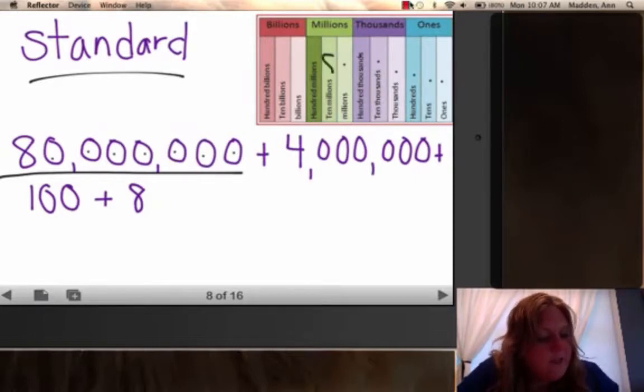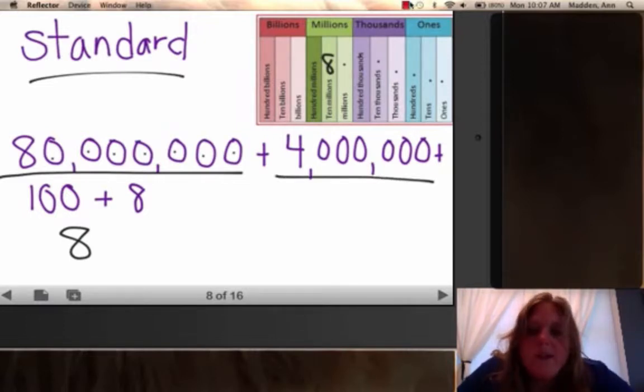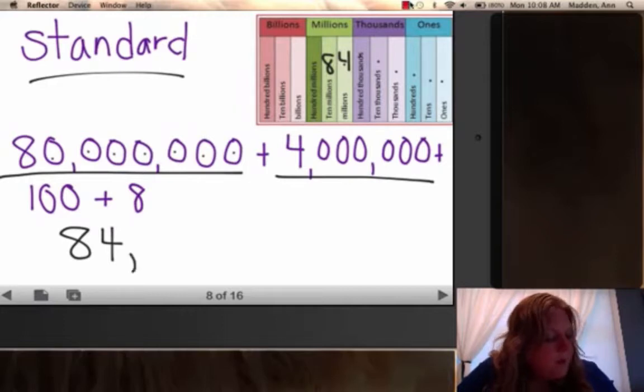So my 8 fits right here in the 10 million spot. So it is 80 million. Okay, so I'm going to put my 8 there. Now I've got, what number is this? That looks like 4 million to me. So in the million spot, there's going to be a 4. So if I add 80 million plus 4 million together, I'm going to get 84 million.